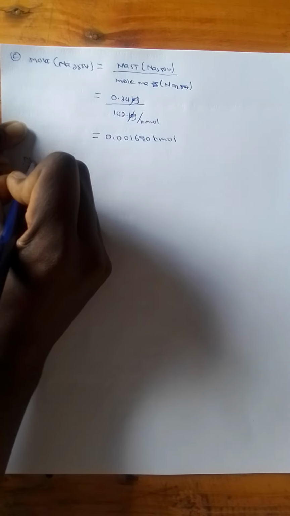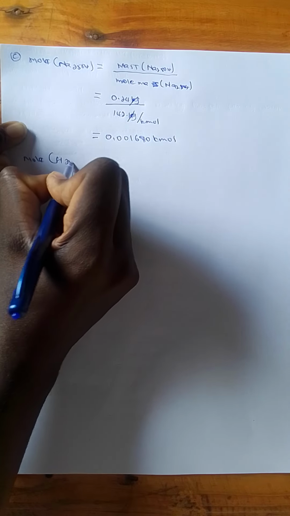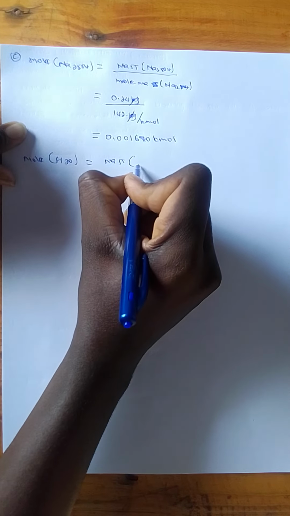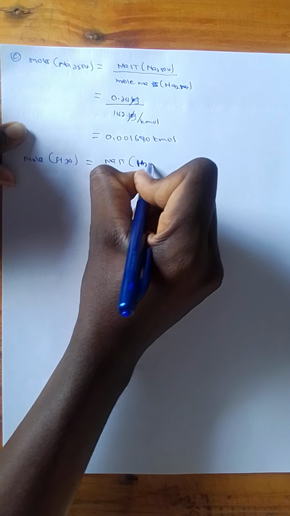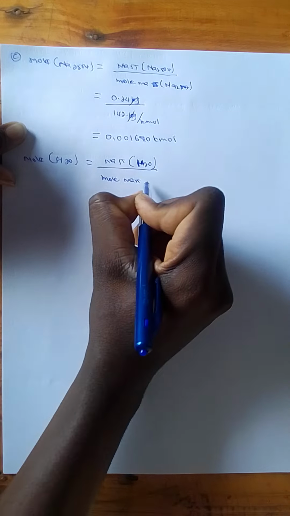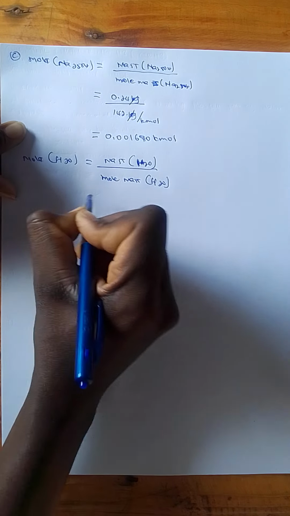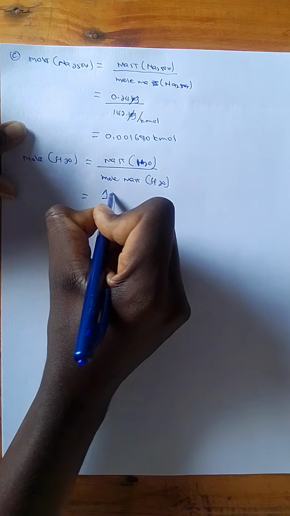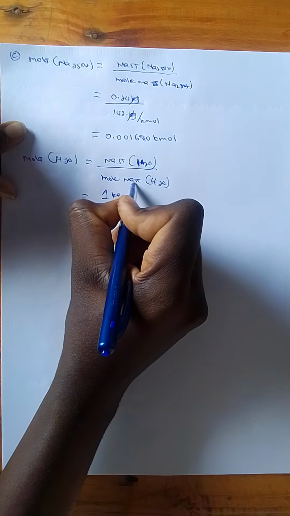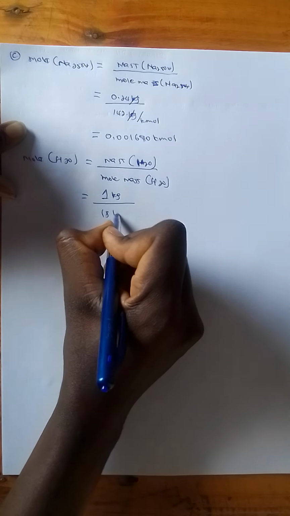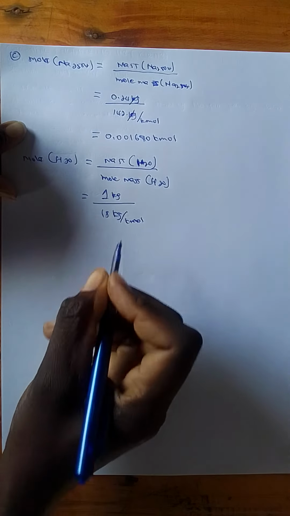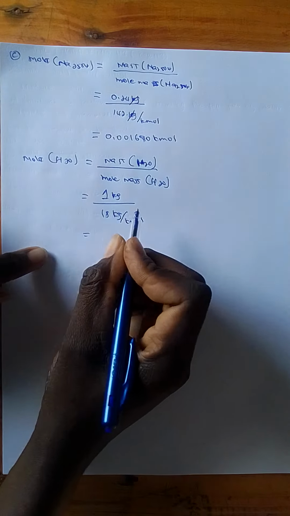Now we need the moles of water. Mole H2O equals the mass of H2O all over the mole mass of H2O. The mass of H2O, we know that it's 1 kilogram, and the mole mass of H2O we know as 18 kilograms per kilomole. You can get that from the periodic table, or you can even just know it off by heart.